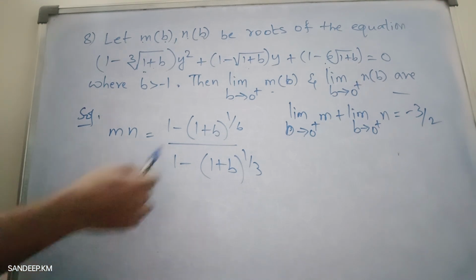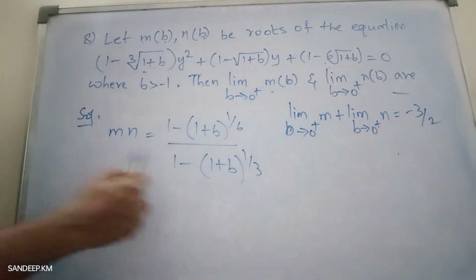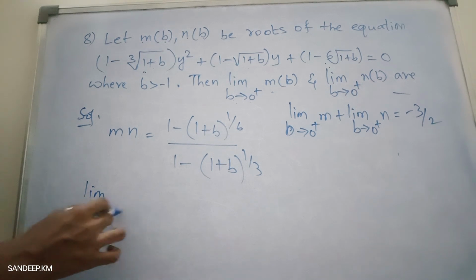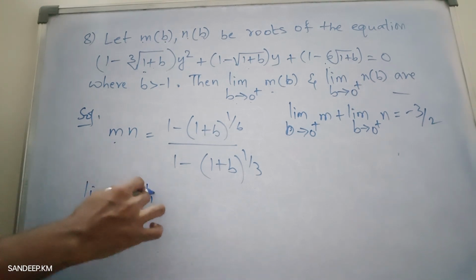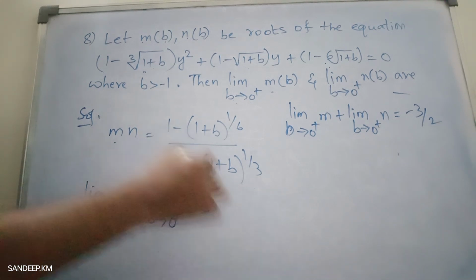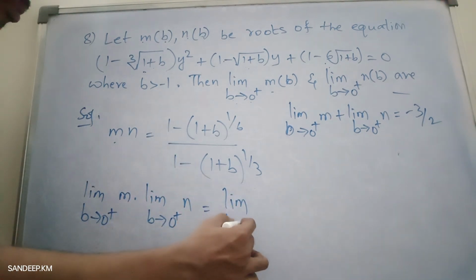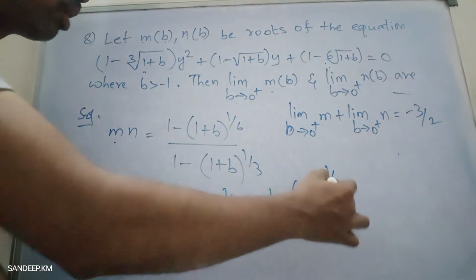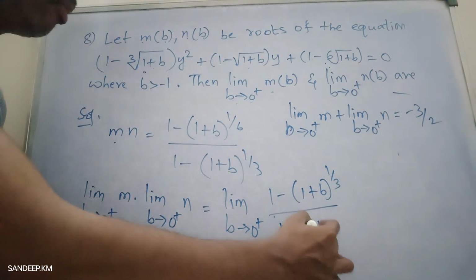And let me apply limit b approaches 0 plus on both sides. So what happens? Limit b approaches 0 plus m into limit b approaches 0 plus n equals limit b approaches 0 plus 1 minus of 1 plus b whole power 1 by 3 divided by 1 minus of 1 plus b whole power 1 by 3.